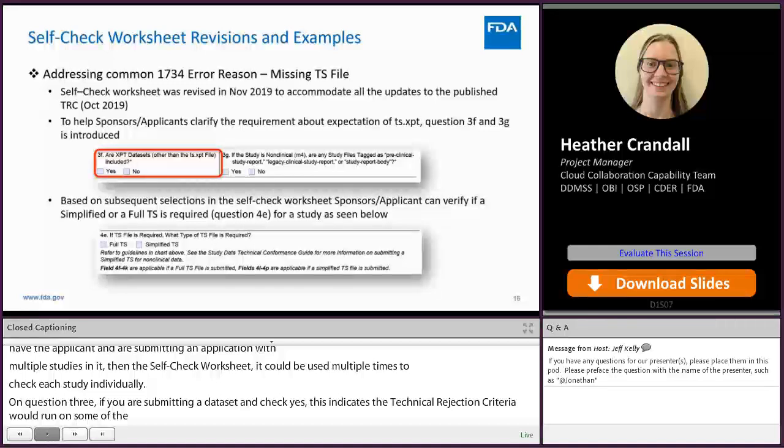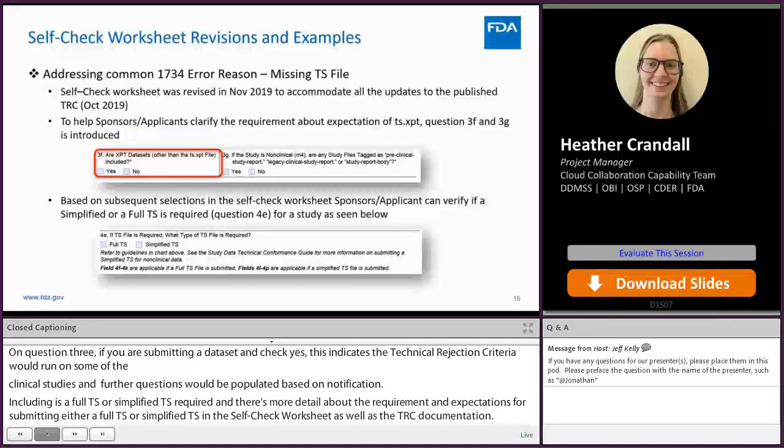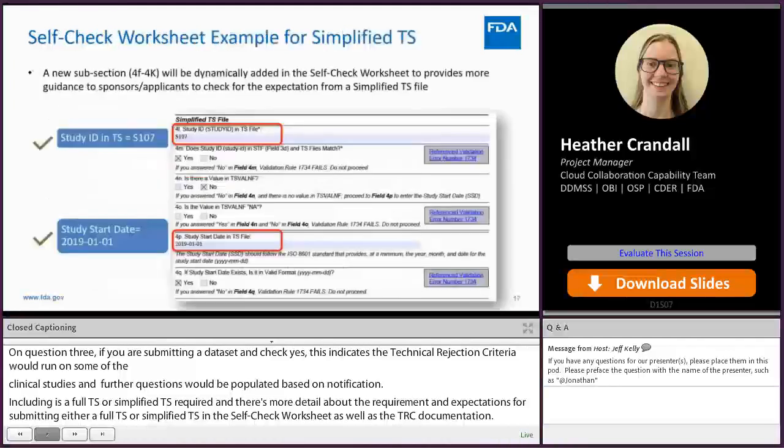And there is more detail about the requirement and expectation for submitting either a full TS or simplified TS in the self-check worksheet, as well as the TRC documentation. So you can look through those to determine the expectation around which TS file should be submitted, either full or simplified. And then depending on which one you indicate in your self-check worksheet, it will populate questions based on either full or simplified being submitted.